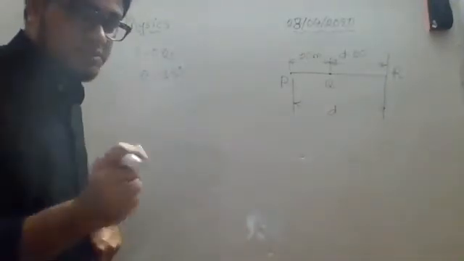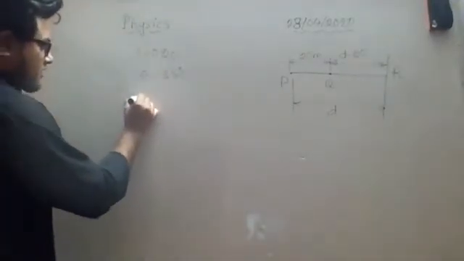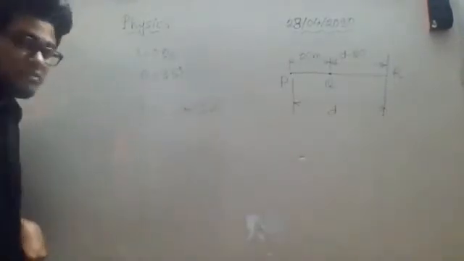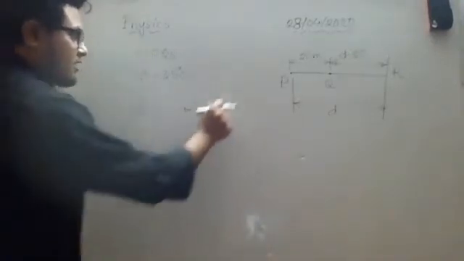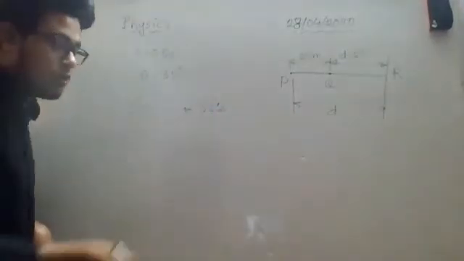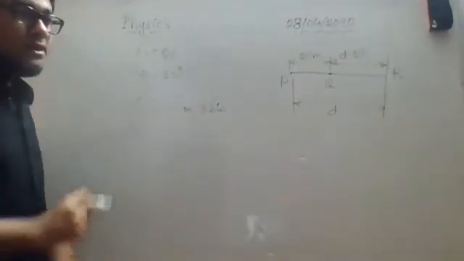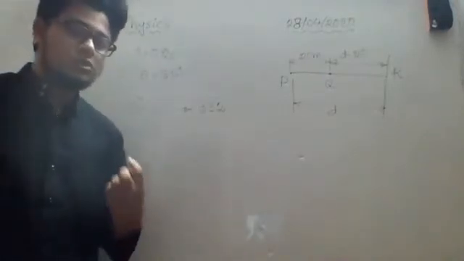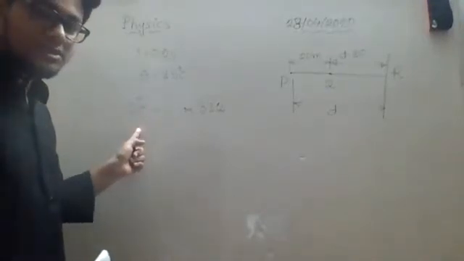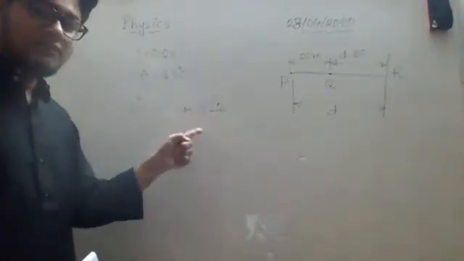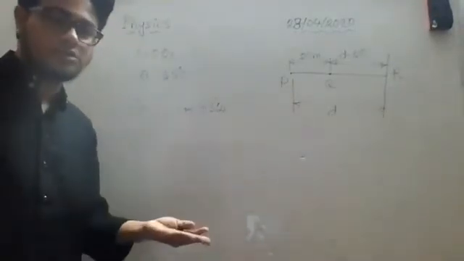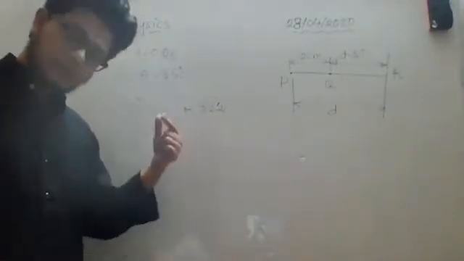Now this is a little bit interesting. At 0 degrees Celsius, we generally know the velocity of sound to be 330 meter per second, right? But here they specifically mentioned to consider the velocity at 0 degrees Celsius to be 332, so we have to consider 332.